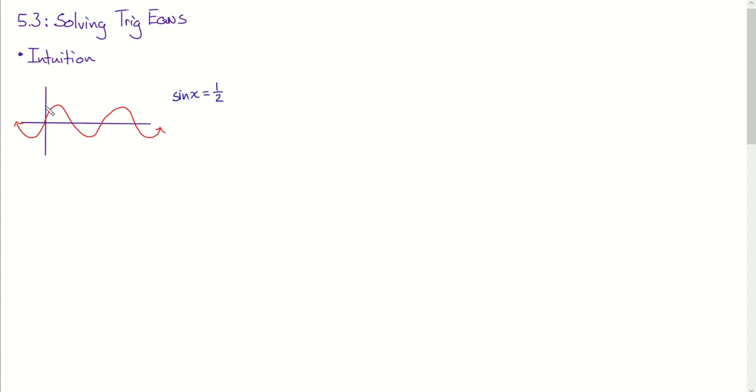Right off the bat, if this is 1, I see there's a 1/2 at this x value, and at this x value, and a negative down here, and a negative down here, and another positive right here, and a positive right here. We see that we can have infinitely many solutions because this sine function waves forever.